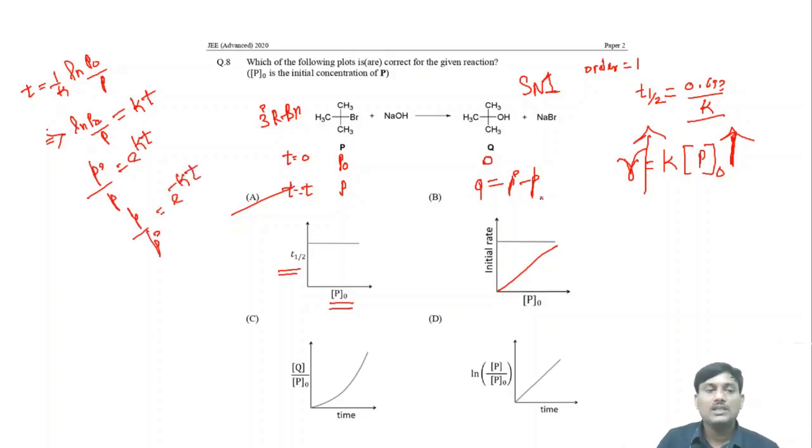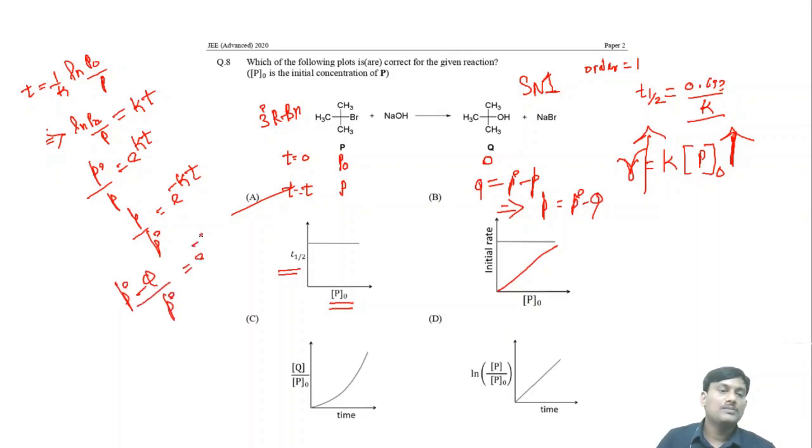Here P can be written as P naught minus Q. So in place of P you can substitute: P naught minus Q by P naught is equal to e power minus kt.